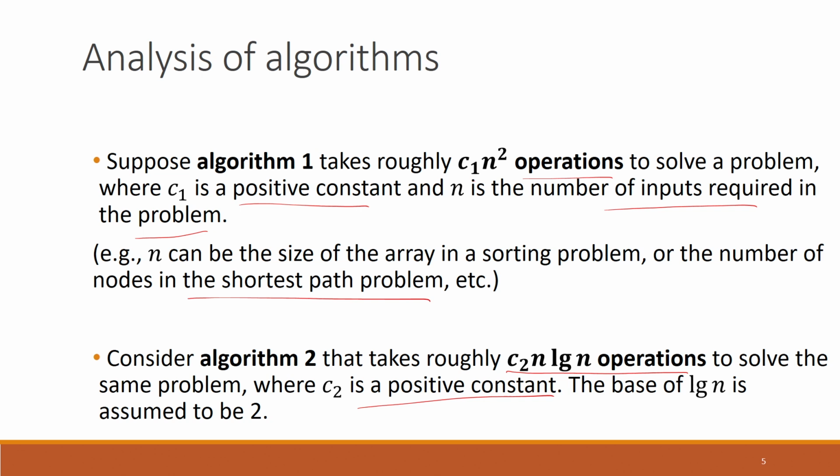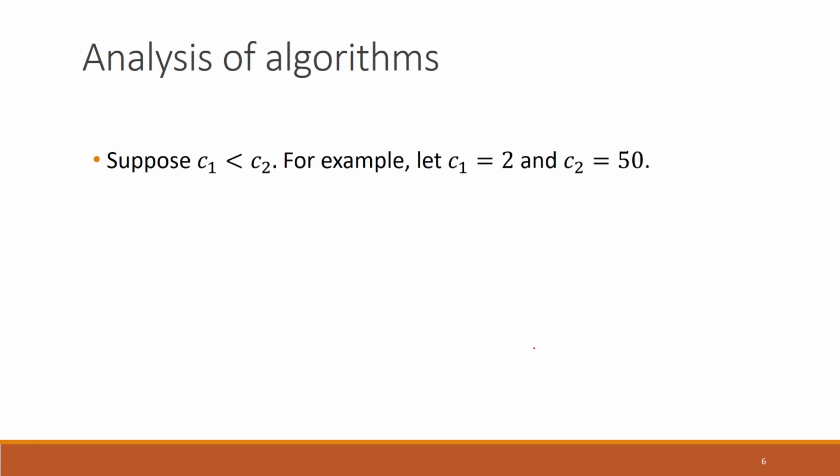So we have these two algorithms trying to solve the same problem, but they take a different number of operations with respect to the size of the problem, characterized by the parameter n. Now, let us suppose that C1 is less than C2. For example, C1 is say 2 and C2 is equal to 50.